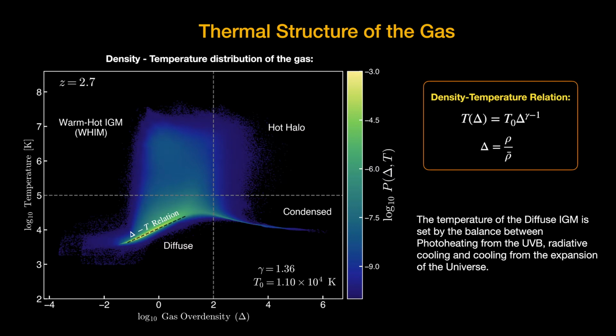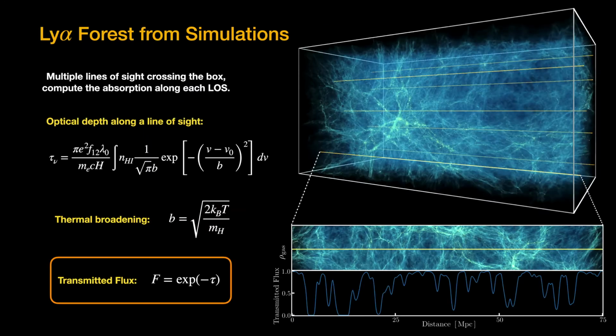This relation is set by the balance between photoheating from the UV background and cooling from radiative processes, as well as cooling from the expansion of the universe. Unfortunately, we cannot measure the thermal structure of the gas directly from observations. So what we're going to do is to construct the Lyman-alpha forest from the simulations and compare their properties to the observations.